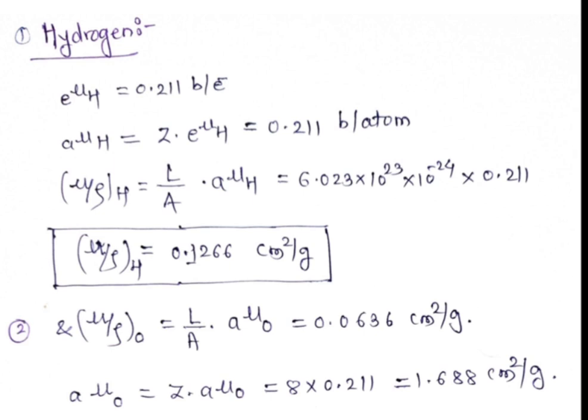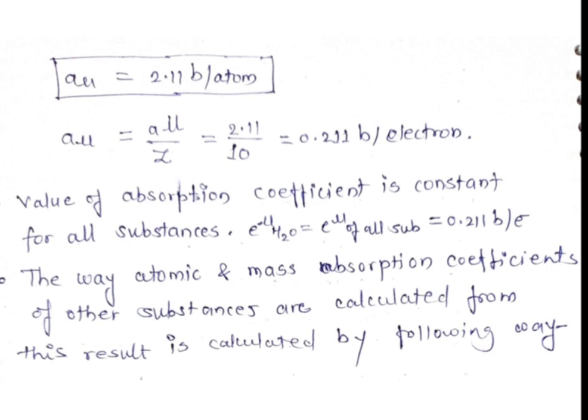So 8 into 0.211 is equal to 1.688 centimeters square per gram. Now we have the two values, μ/ρ for hydrogen and for oxygen, and we will find out the further calculations for the compounds.